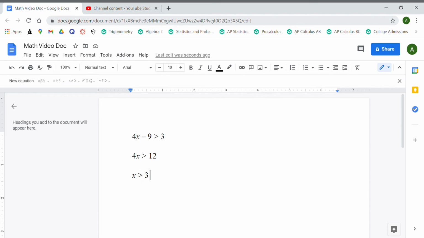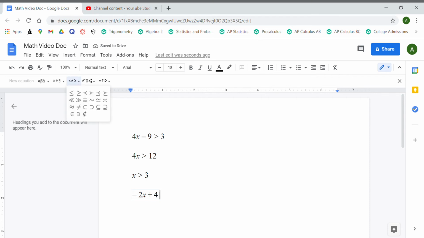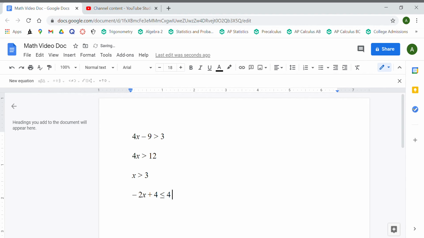Alright. Now why don't you try them? This time I'm going to ask that you remember the rules with solving inequalities with negative numbers. Alright, so negative 2x plus 4 is less than or equal to 4.